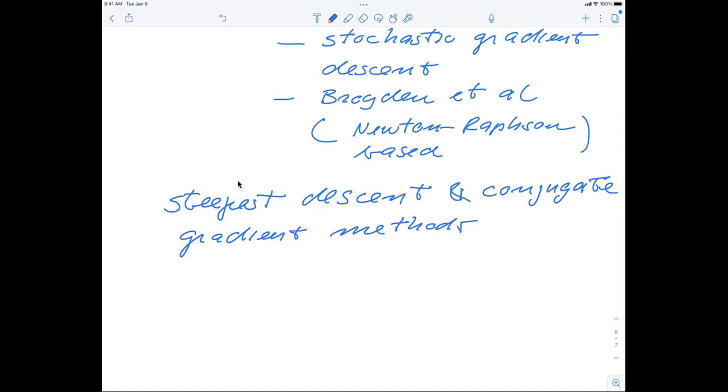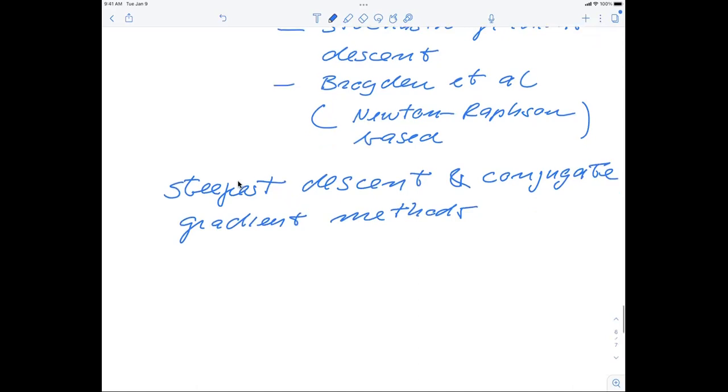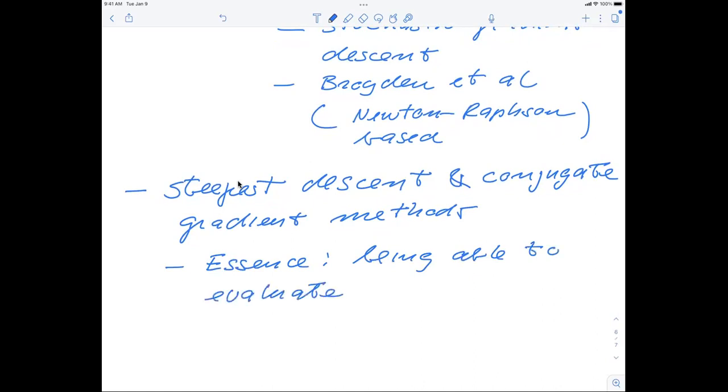In a certain sense, this becomes a digression to what we need, but it's important to have seen these methods because they are widely used in optimization problems. These methods rely on you being able to evaluate the Hessian matrix H.